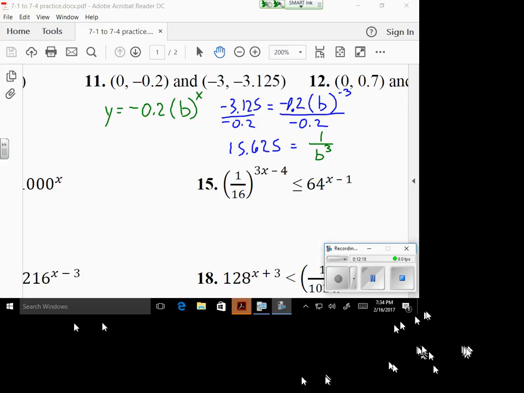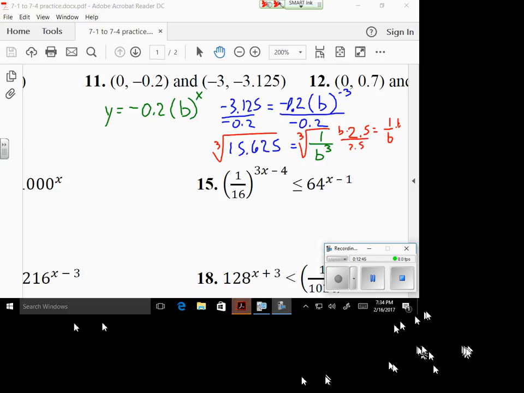The cube root of both sides would give me 2.5, but that would be equal to 1 over b. Multiply both sides by b, and then divide both sides by 2.5.